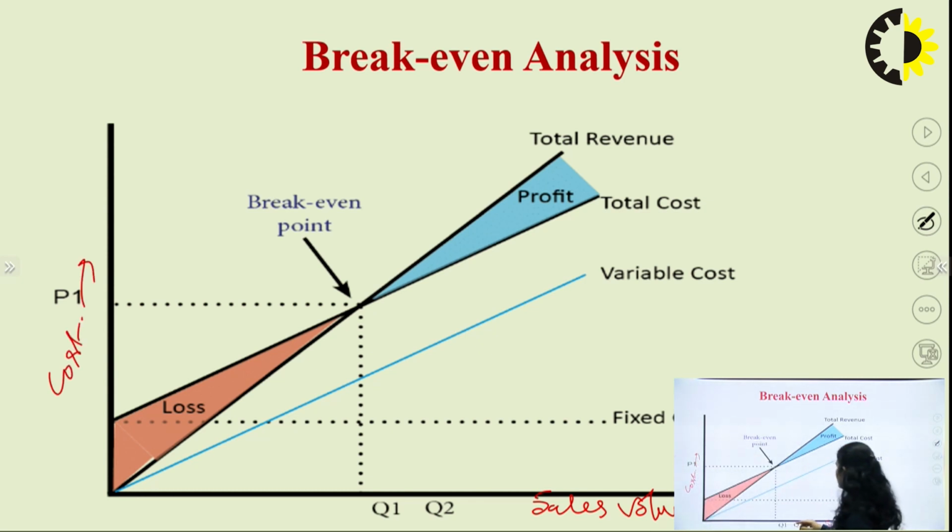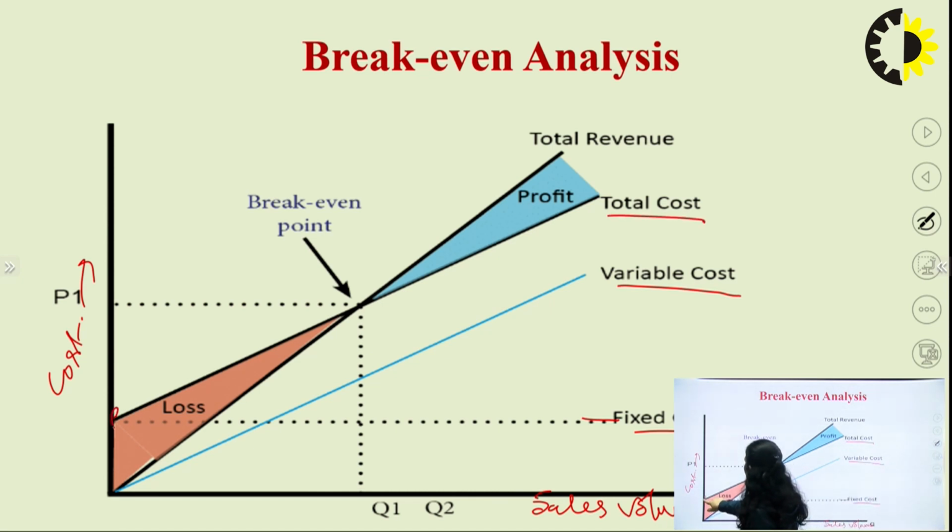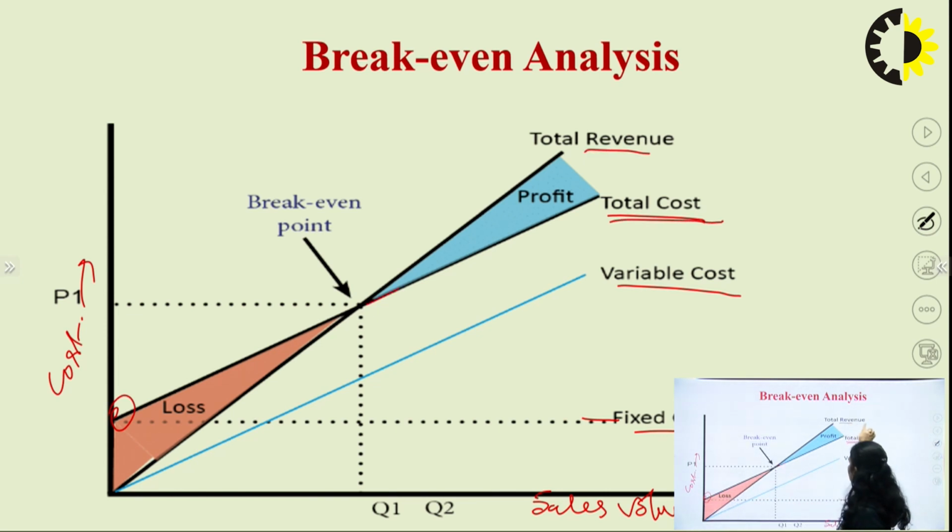This line is showing the fixed cost, and this one is the variable cost. Now, what will be the total cost? Total cost will be this one, which will start from here. This is the total cost line and this is the total revenue, starting from here.